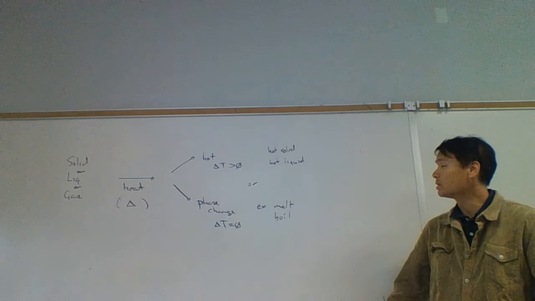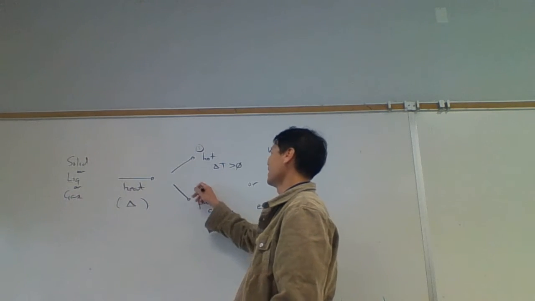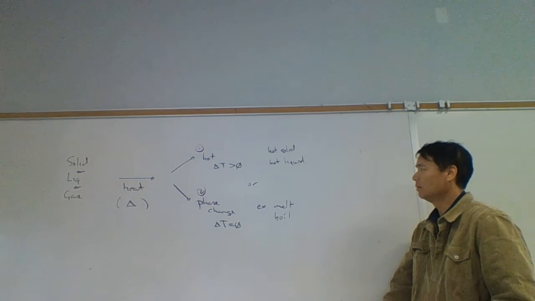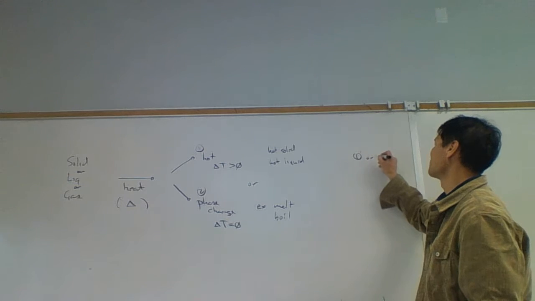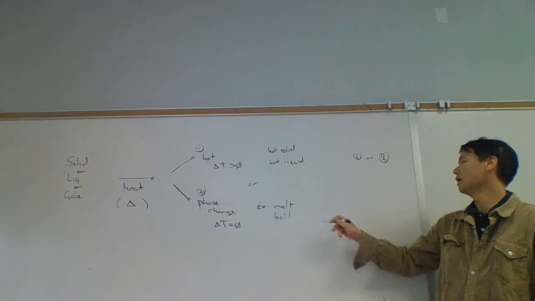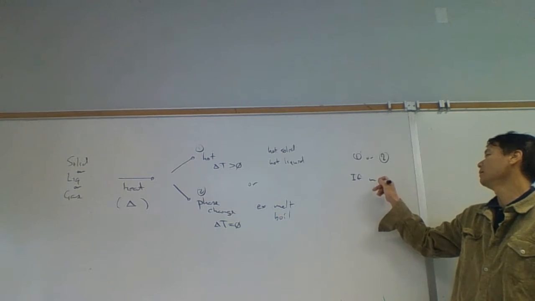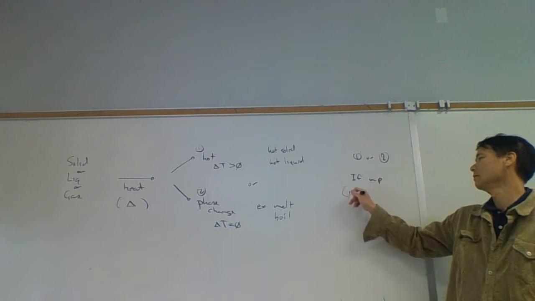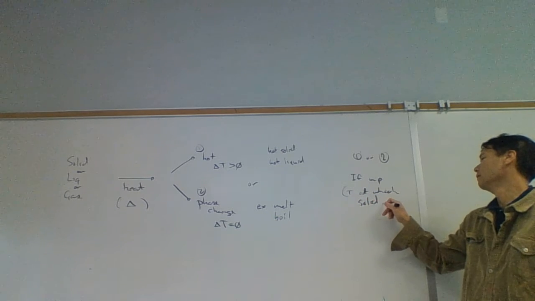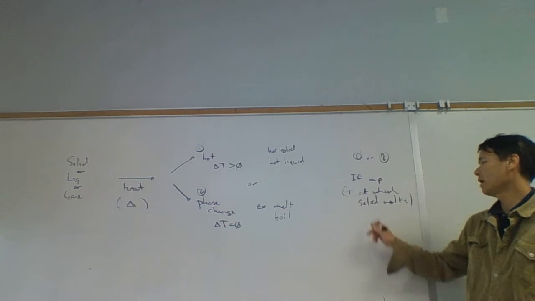What determines which of these two things happen? Is it just going to get hot, or is it the second one? What determines it is the temperature. If it's at the melting point, the temperature at which the solid melts, then melting occurs.